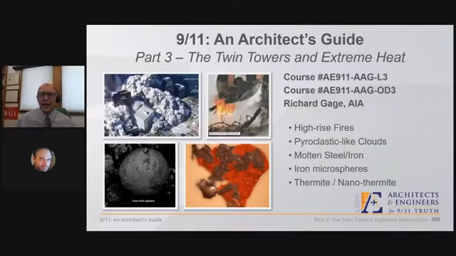Molten steel and iron, creating temperatures 2,800 degrees minimum, and 4,000 degree temperatures documented as well. And iron microspheres throughout the World Trade Center dust, evidence of molten iron, unaccountable by the official story. And thermite and nanothermite as a source for all of that, very well documented.